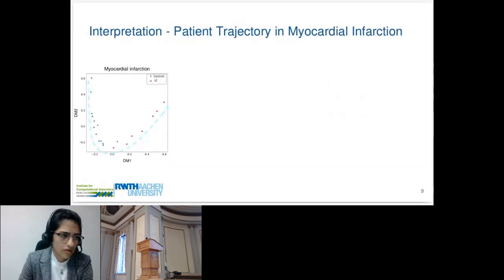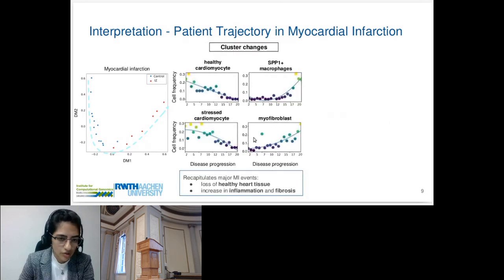As I said, for myocardial infarction, having these disease trajectories in the diffusion map space, we can take a closer look at cluster changes along this trajectory.